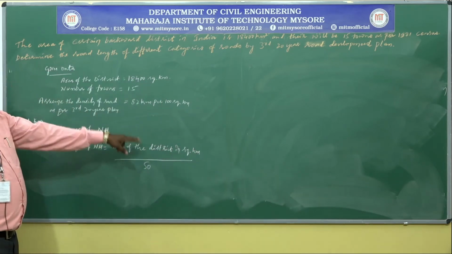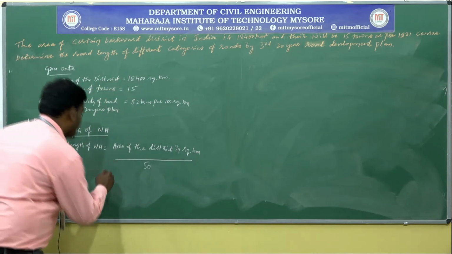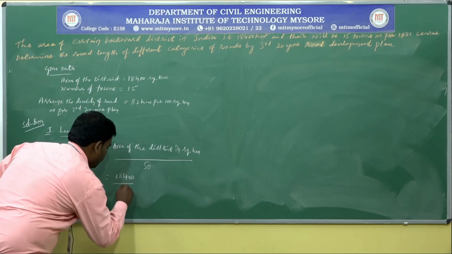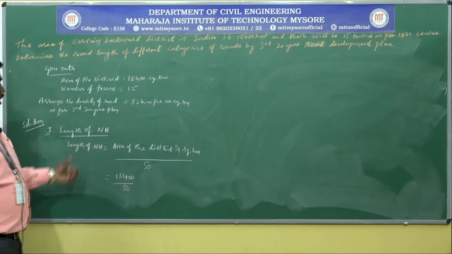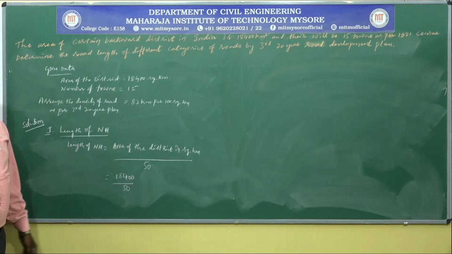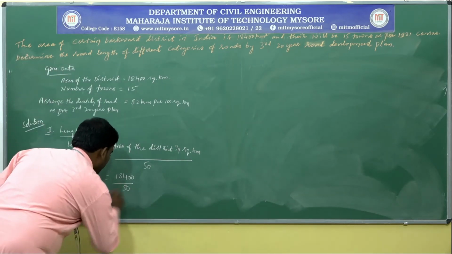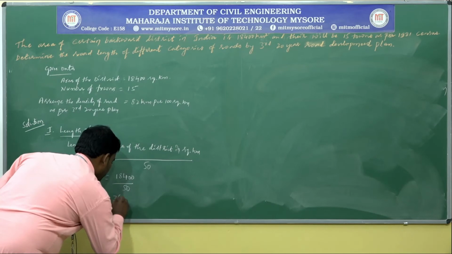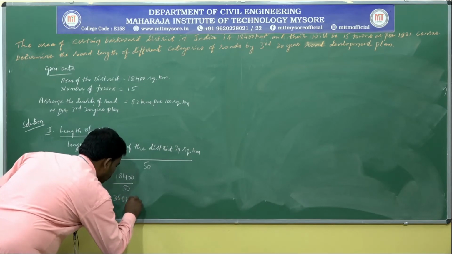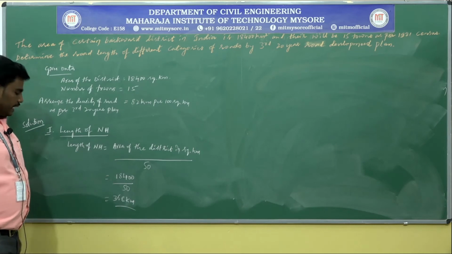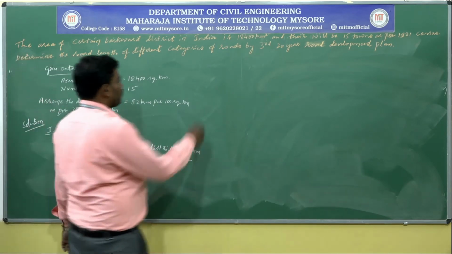So the area of the district is 18,400 divided by 50, which will give the length of NH in kilometers. So it's about 368 kilometer. 18,400 divided by 50 gives 368 kilometer.